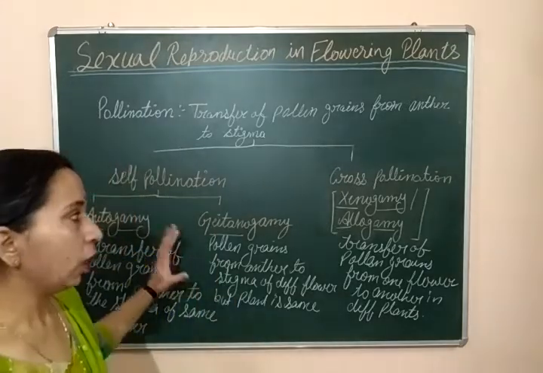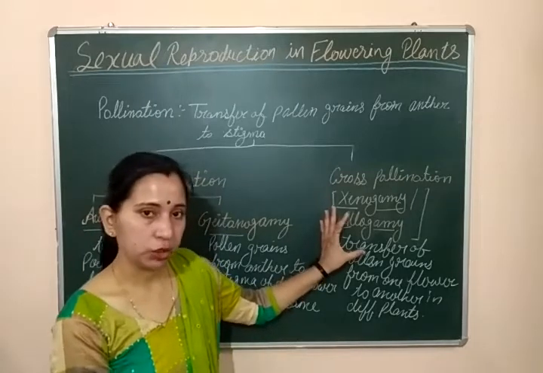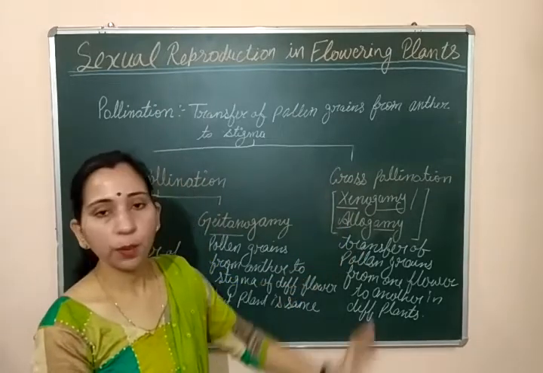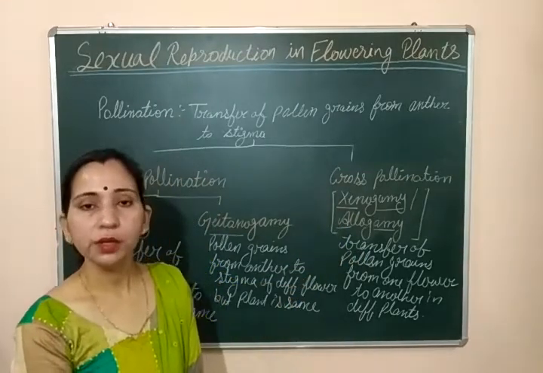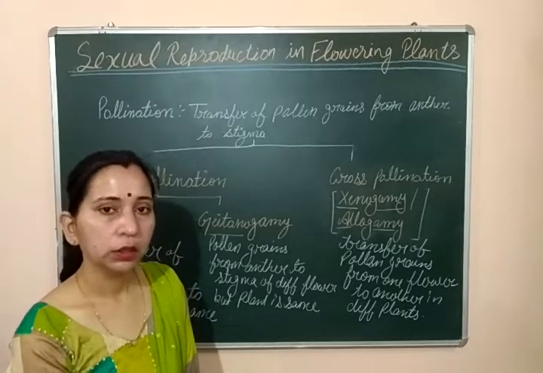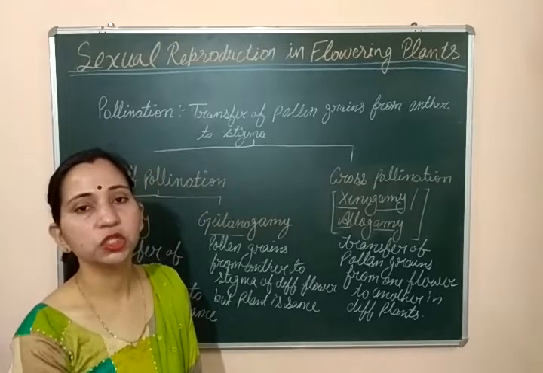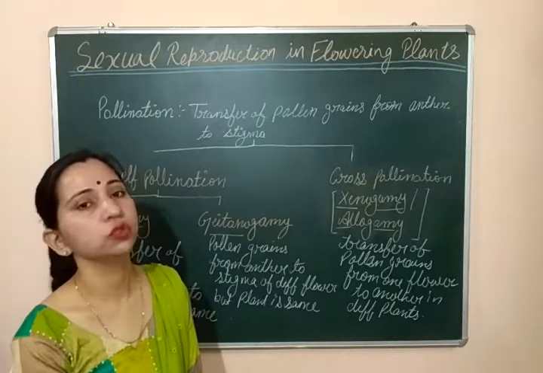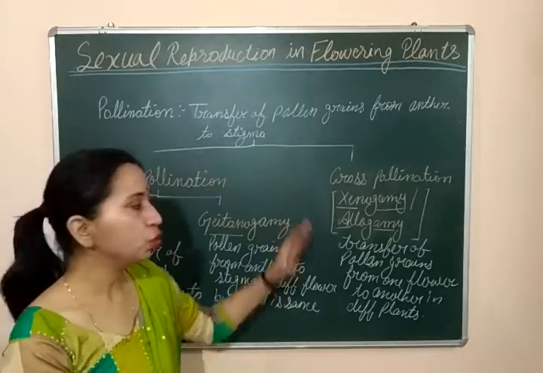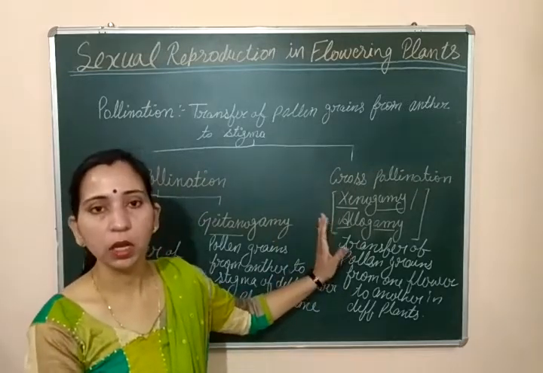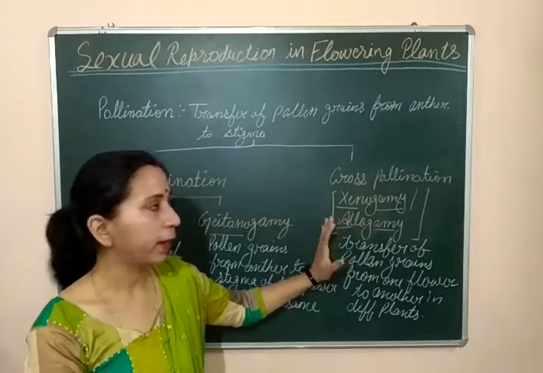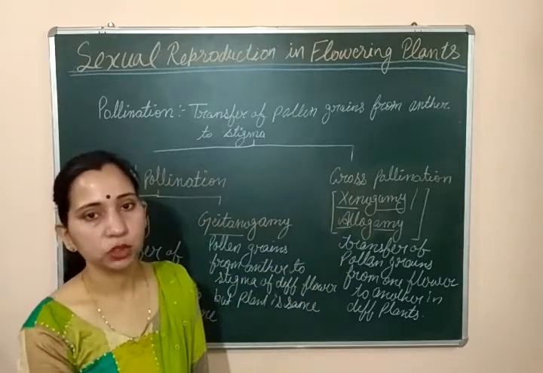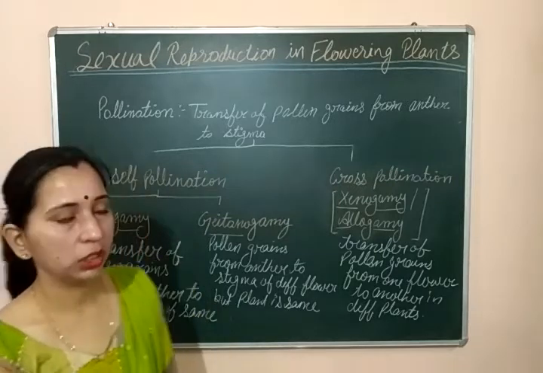But in the case of cross-pollination, plants have acquired such mechanisms in which the pollen grains reach another plant. So chances of genetic variations increase. Improved varieties of plants can be formed. New genes can be introduced into a plant, and it provides a very well-developed plant in terms of genetic material.